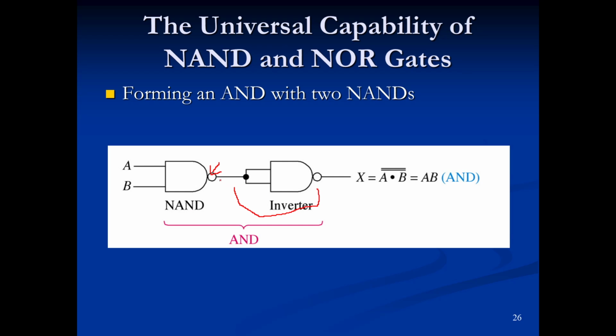So you're inverting an AND function on the NAND gate already with this bubble, and then you're inverting it again with the inverter that we just described with another NAND gate, and you essentially get the regular old A and B.